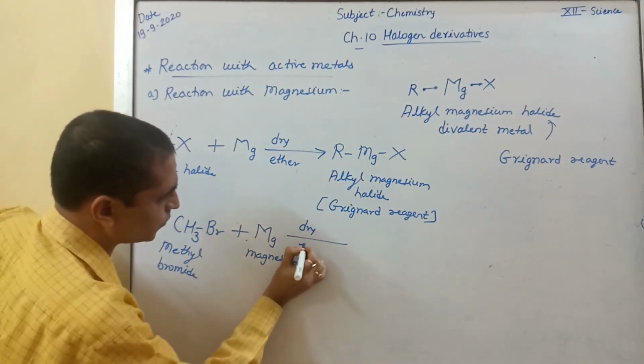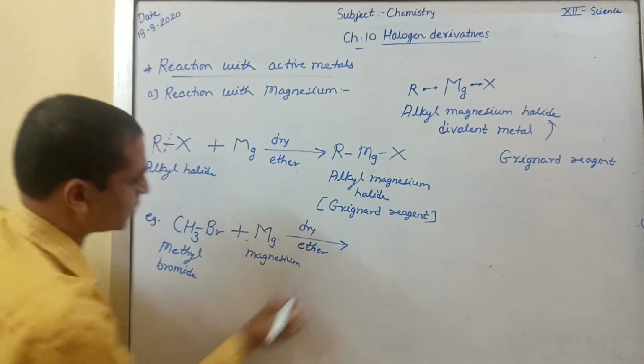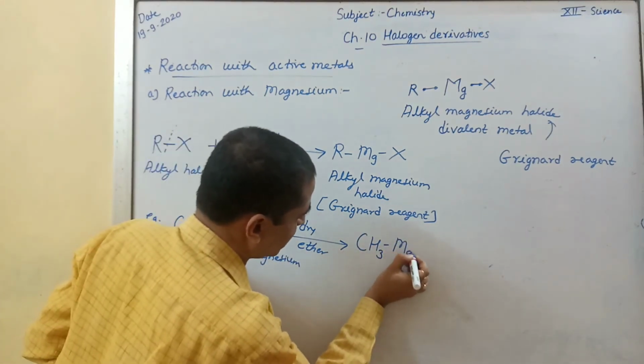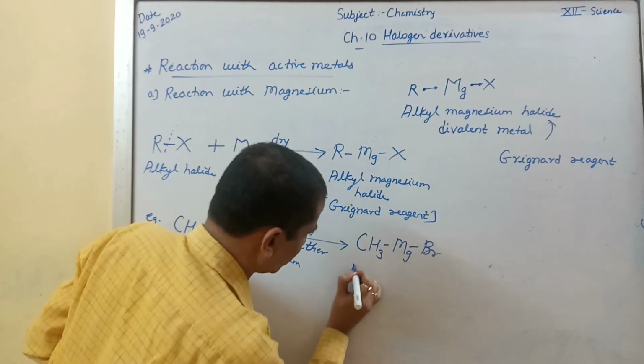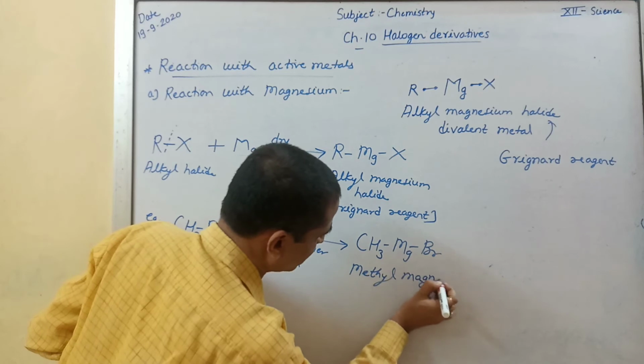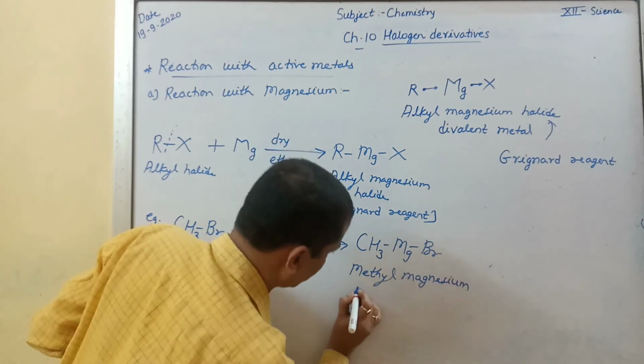This reaction is carried out in presence of dry ether. So what will you get? CH3MgBr. It is called methyl magnesium bromide.